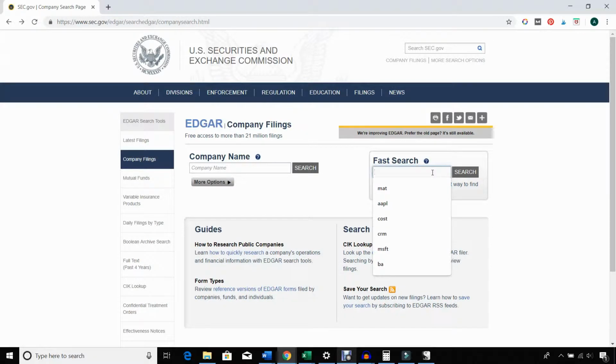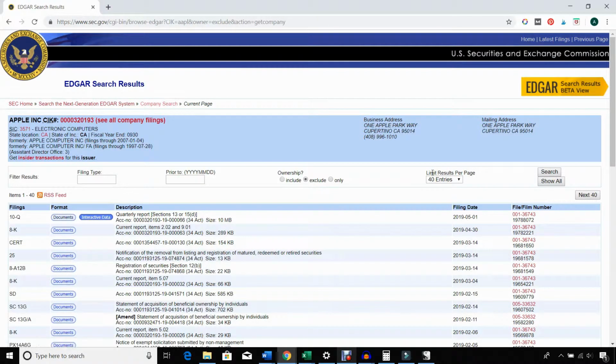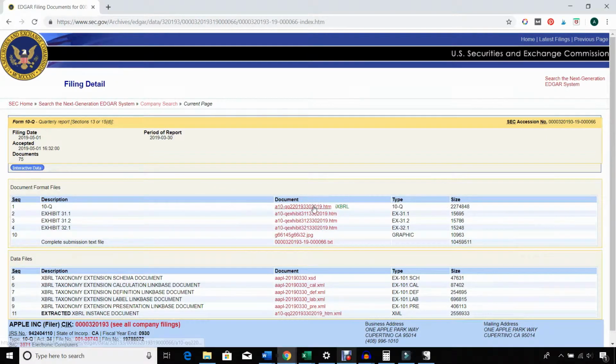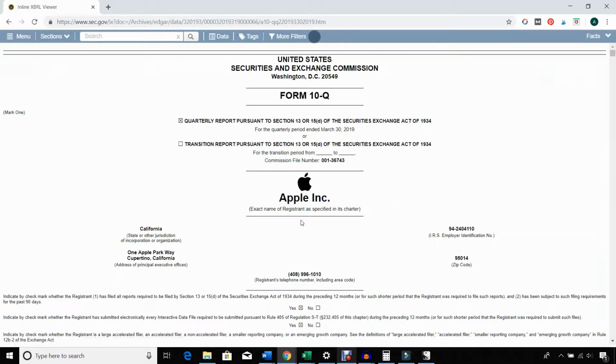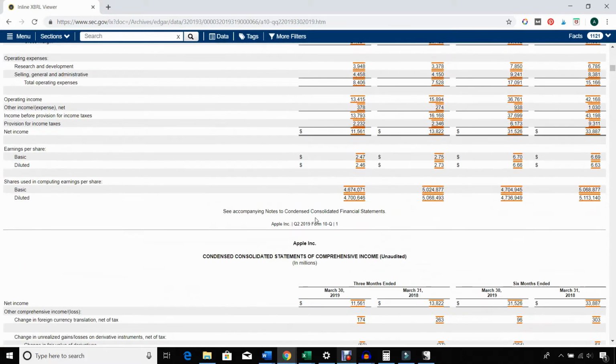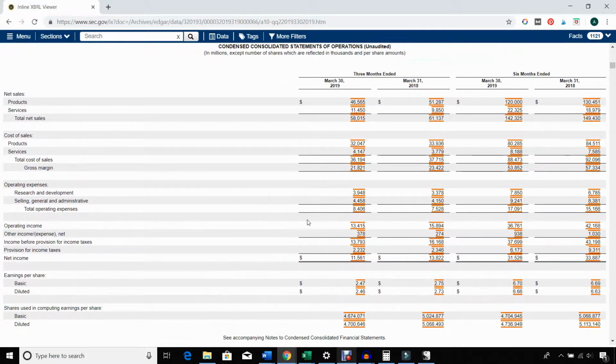Alright, so let's pull up an income statement for Apple. I'm just going to pull up the information from the SEC Edgar database, and we're just going to look at the quarterly income statement. You've probably heard about the income statement before.